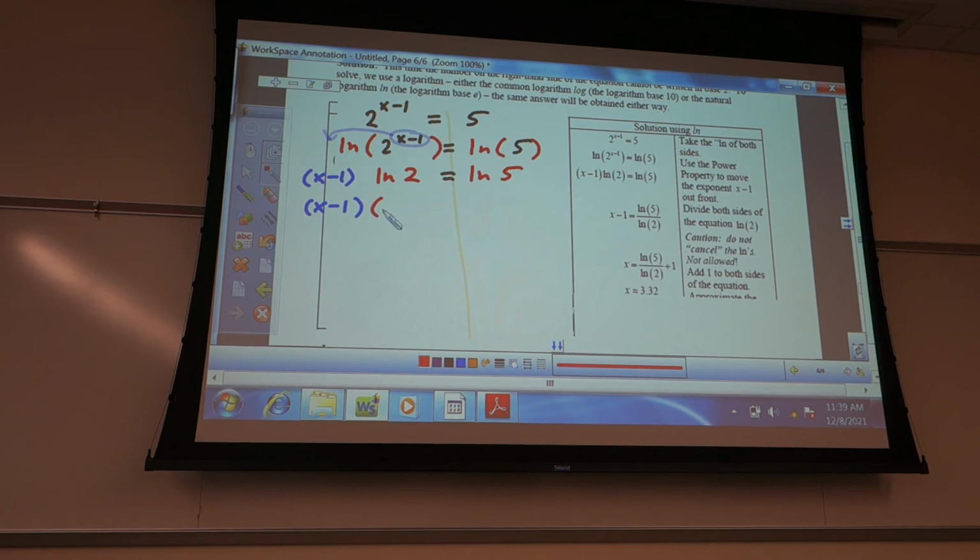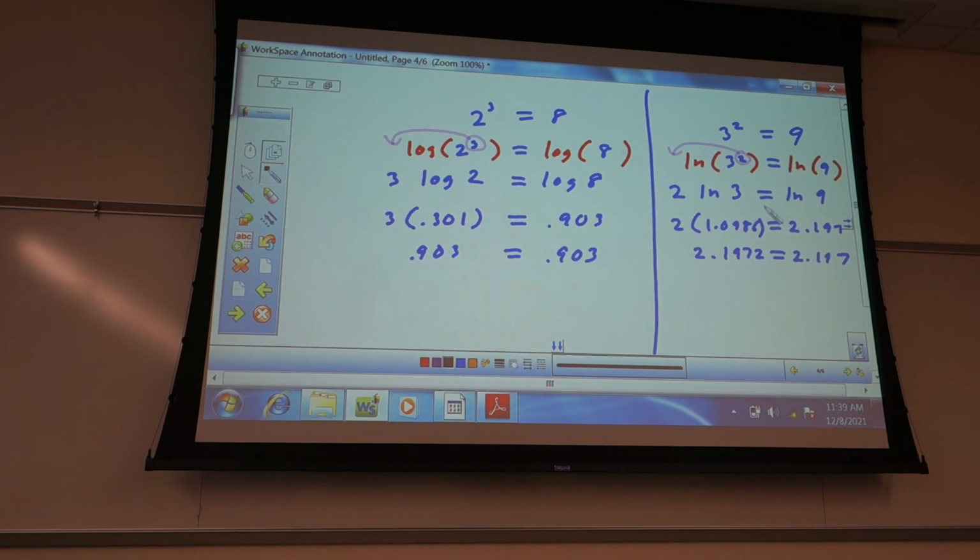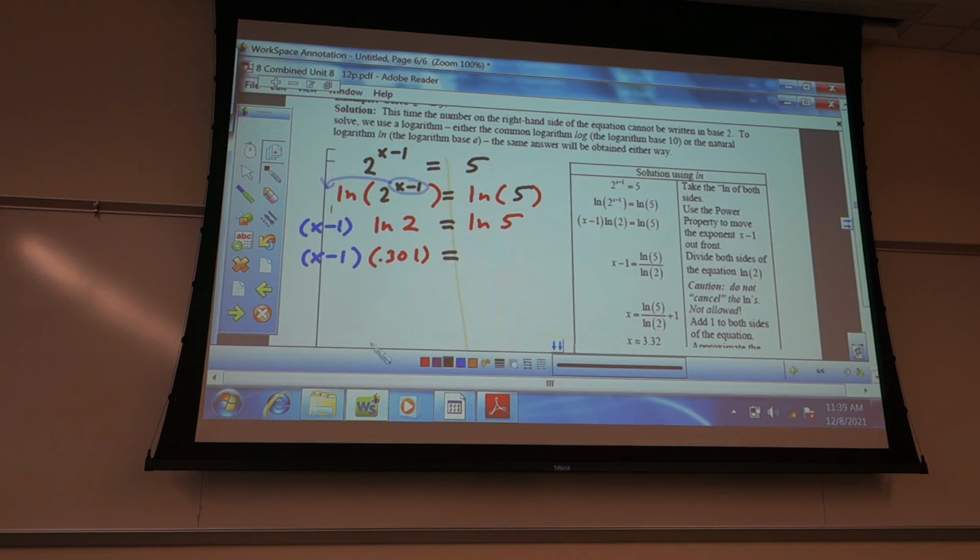Okay, everyone find natural log of 2 and find natural log of 5.